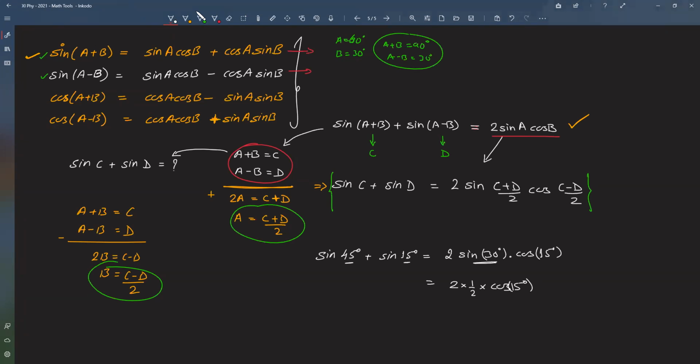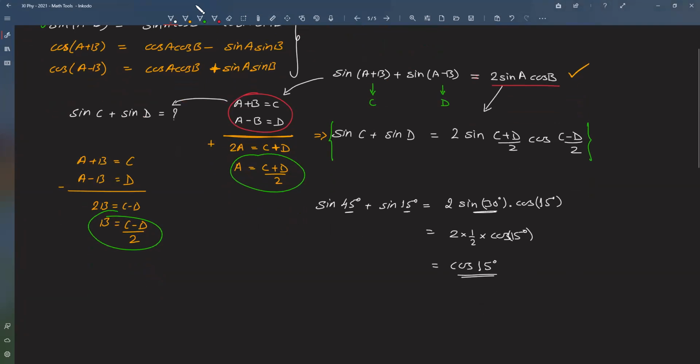So that means this expression on the left hand side, if you simplify it, equals cos 15 degrees. So here we have just used it. We have applied the formula and used it to simplify a given expression.